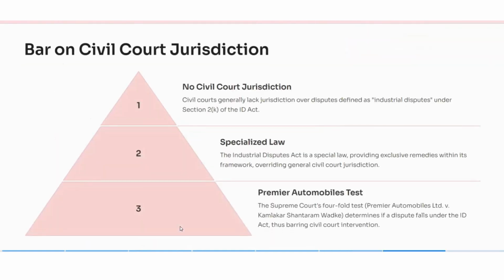Bar on civil jurisdiction, no civil jurisdiction. Civil courts generally lack jurisdiction over disputes defined as industrial dispute under Section 2K of Industrial Dispute Act. Specialized law: Industrial Dispute Act is a special law providing exclusive remedies within its framework overriding general civil court jurisdiction.